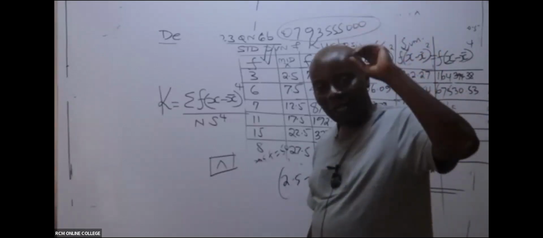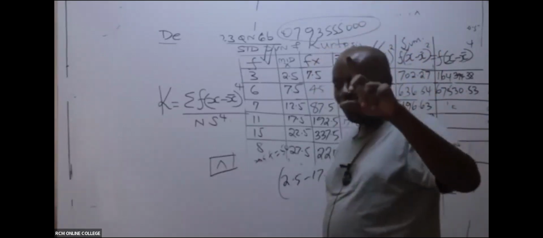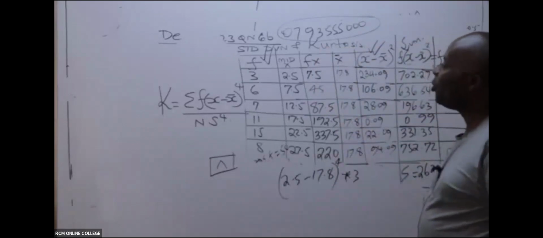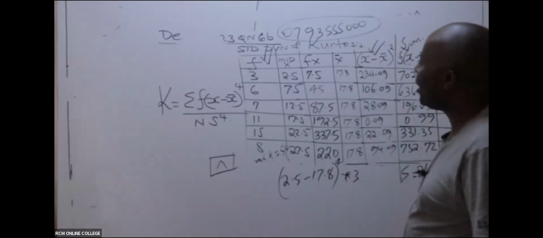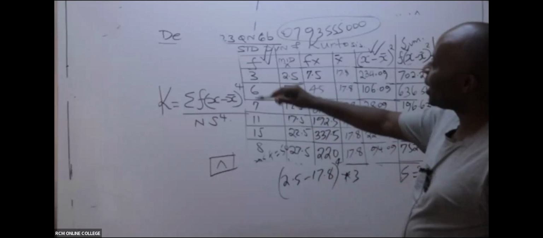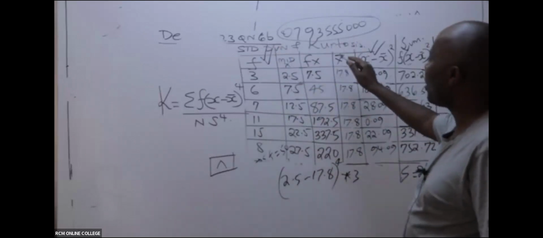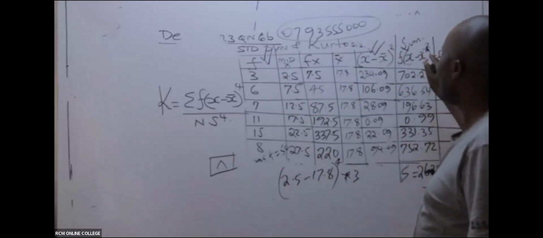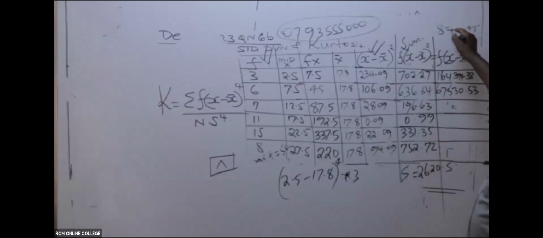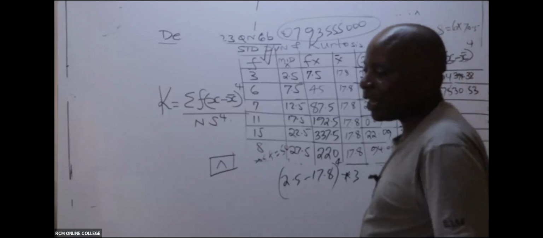Don't use that long method. Actually, if I were you, I can even come and rewrite this table with column 1, column 2, up to column 7. And then to get column 8, I'm taking column 6 times column 7. Also work like that. Marango has confirmed that.